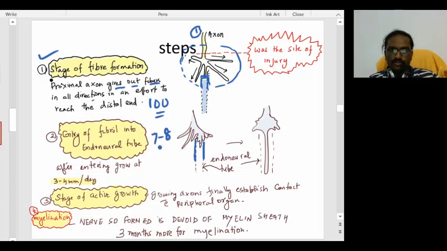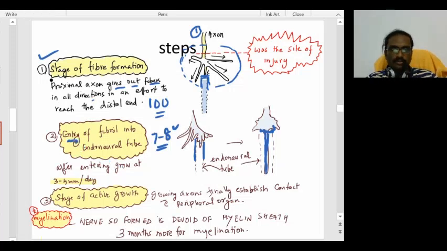Now of these 7 to 8 or few of them, one of them is going to occupy the neurilemma and grow, and all the other small ones are going to fade off. And only one of them is going to go inside.